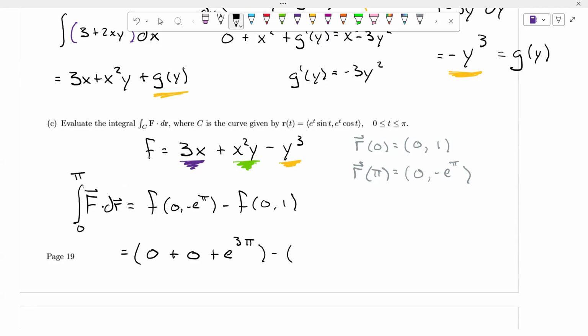Minus, on the other side, this looks like 0 plus 0 minus 1 cubed. I keep trying to match up where some of these pieces came from. And this one looks nice enough to simplify. Let's call it e to the 3 pi plus 1.